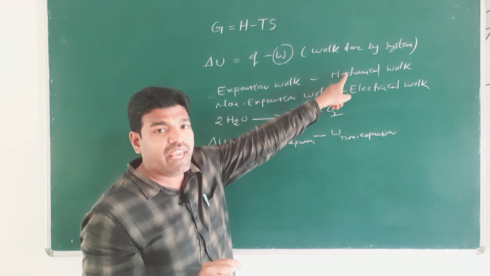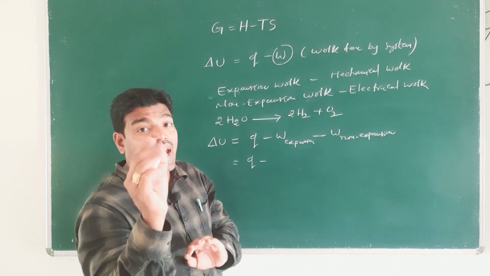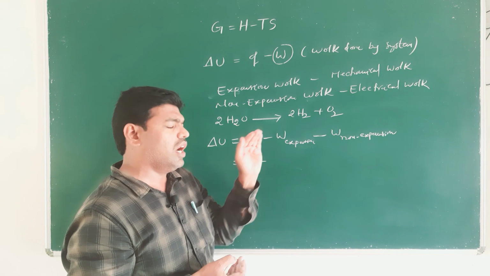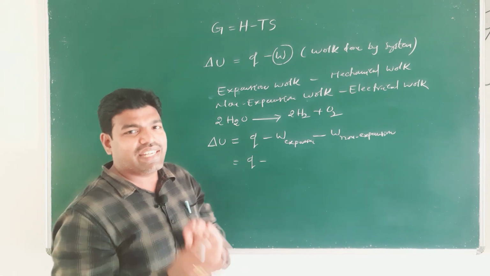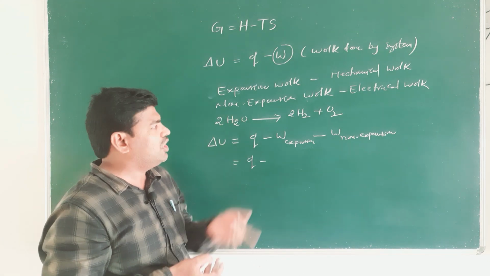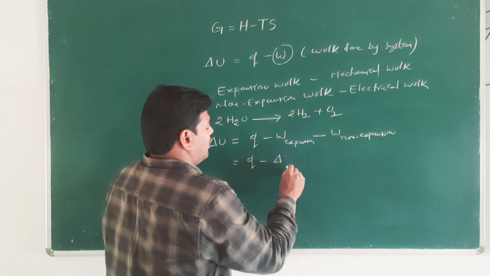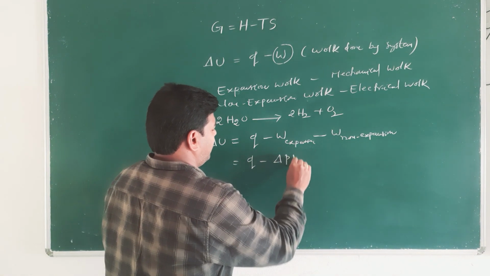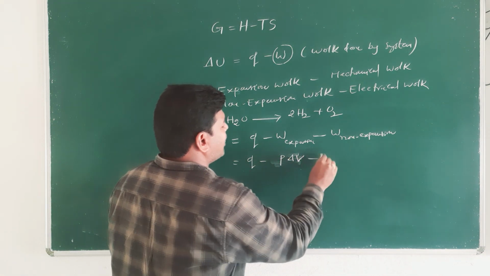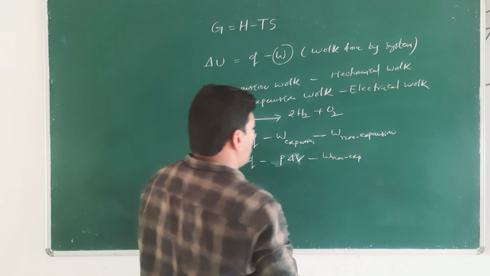In thermodynamics, mechanical work is always represented by P delta V, because it is associated with the change in volume. So the expansion work is P delta V, minus W non-expansion.